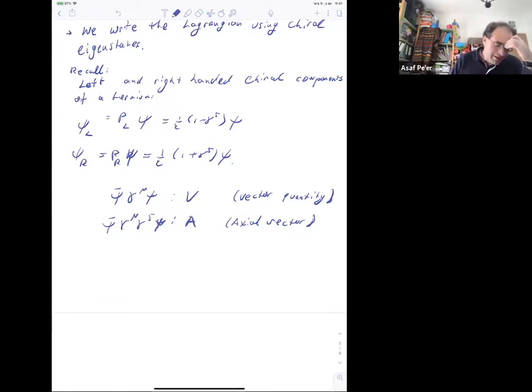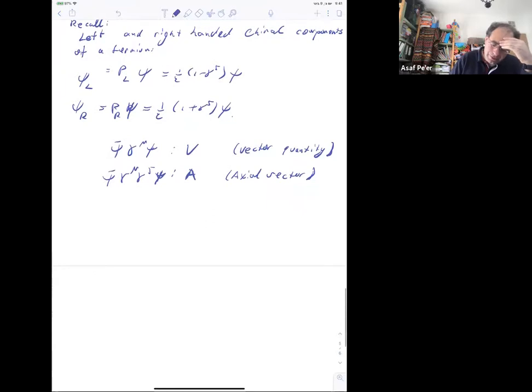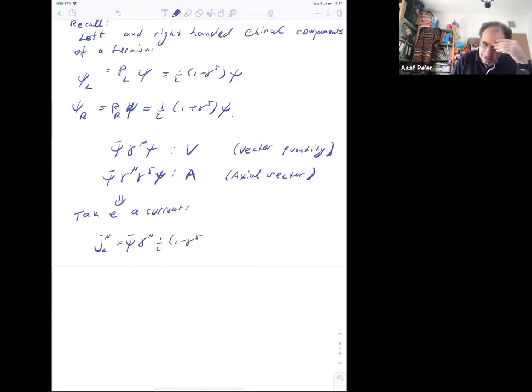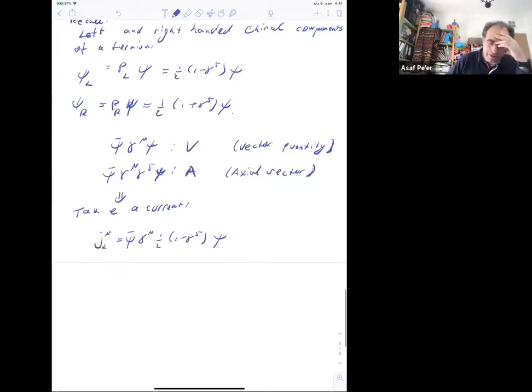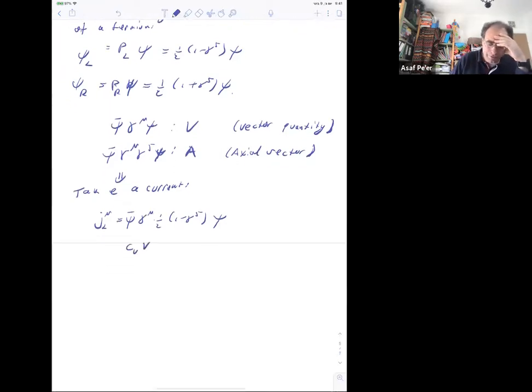Which means that if I take a current which looks like a left-handed current, psi bar gamma mu, and then 1/2 (1 minus gamma 5) psi, it has exactly the form that I'm looking for, which is some constant times a vector plus another constant times an axial vector.